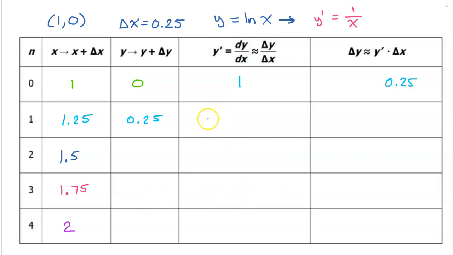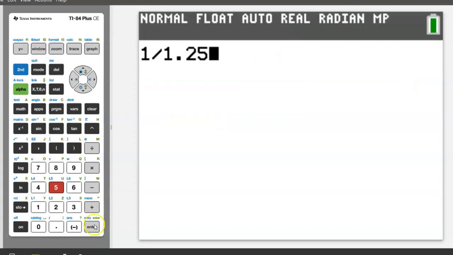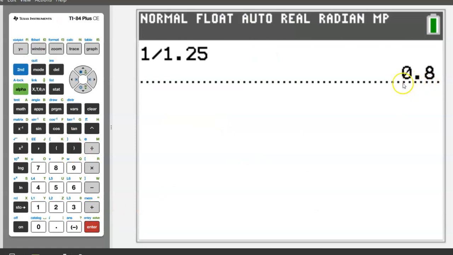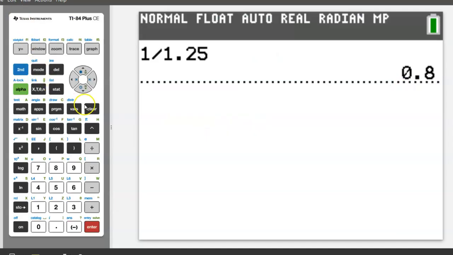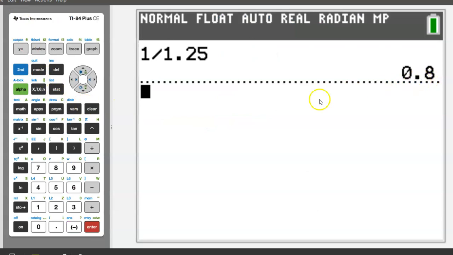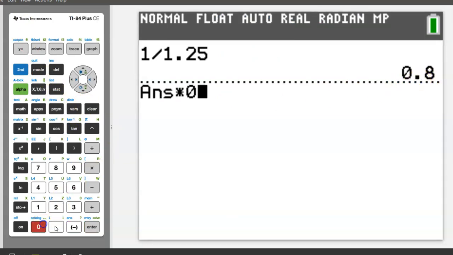So next we need y prime at 1.25. So that's 1 over 1.25. Let's use a calculator. That's 0.8. Then delta y is y prime times 0.25. Back to the calculator. There's my y prime, so I'm just going to hit times 0.25.